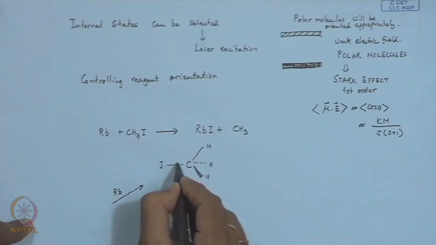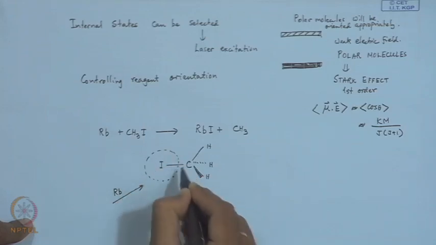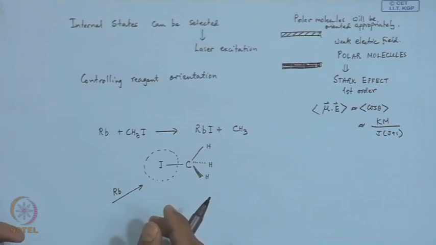You want to know whether you are getting any RbI in the backward scattered direction. So, look for the signal when the iodine end of CH3I is pointing towards the rubidium beam; that is important to know.